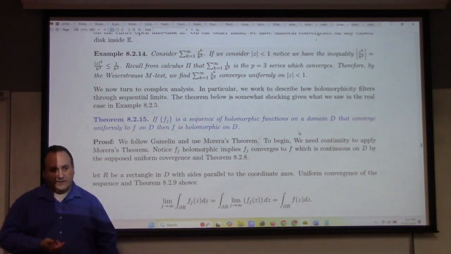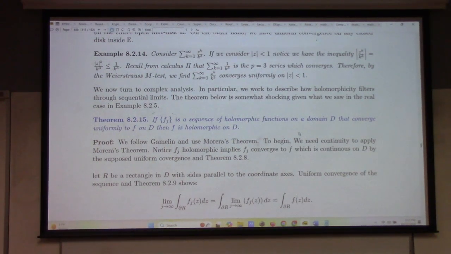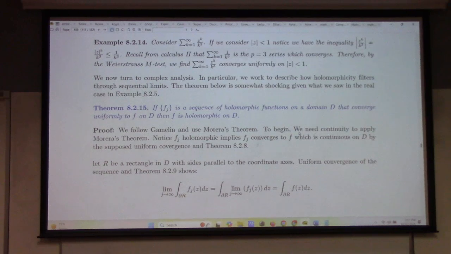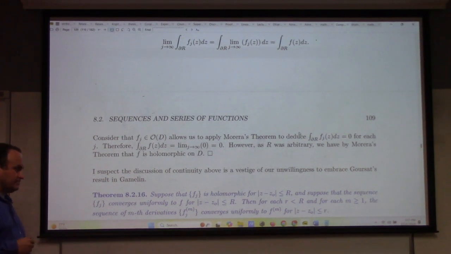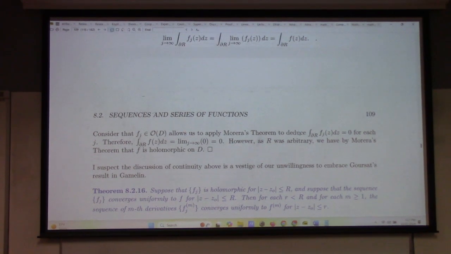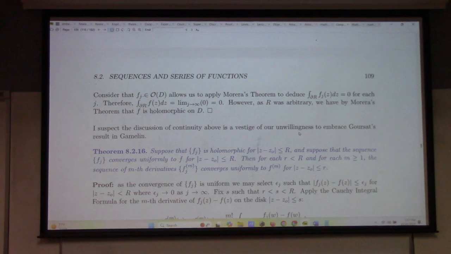Therefore, by Morera's theorem, the limit function is holomorphic. It's just saying what I just said: a uniformly convergent sequence of holomorphic functions is holomorphic.